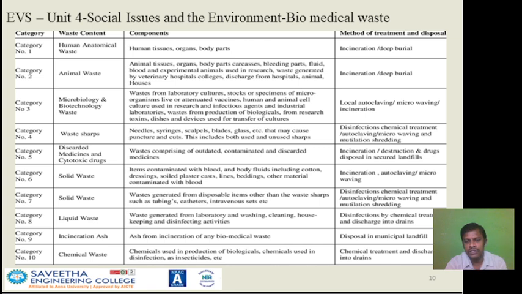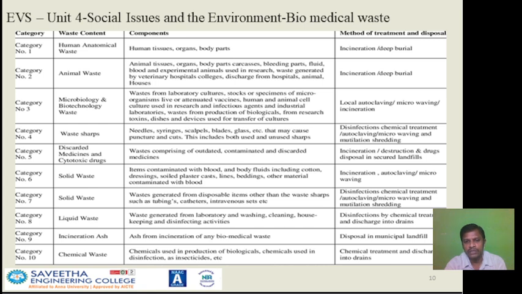Waste comprising outdated, contaminated and discarded medicine, treated by incineration and destruction, and drugs disposed in secured landfills. Category 6 is for solid waste items contaminated with blood and body fluids, including cotton, dressings, soiled plasters, casts, linen, beddings, and other materials contaminated with blood, treated by incineration, autoclaving or microwaving.